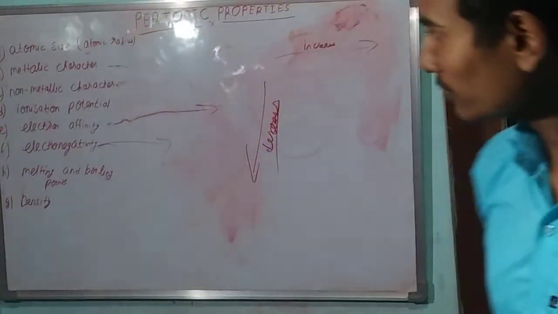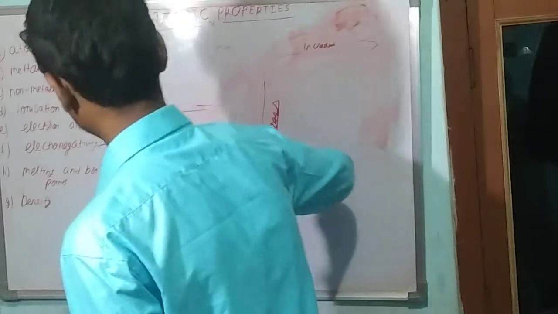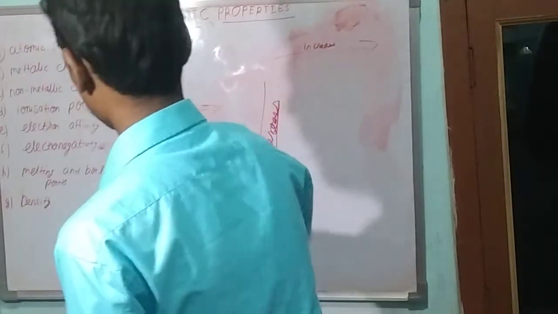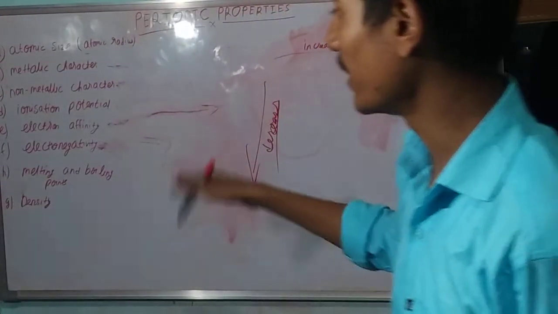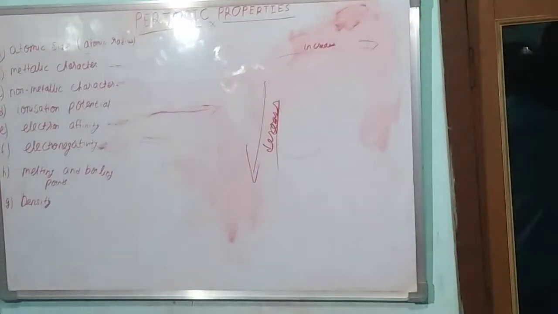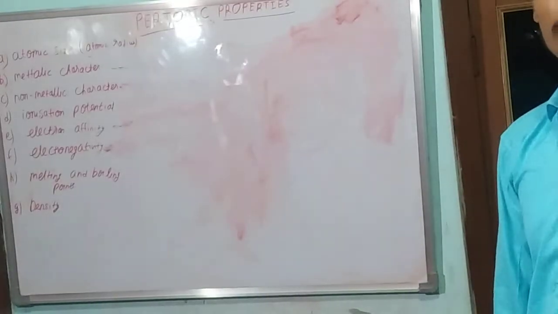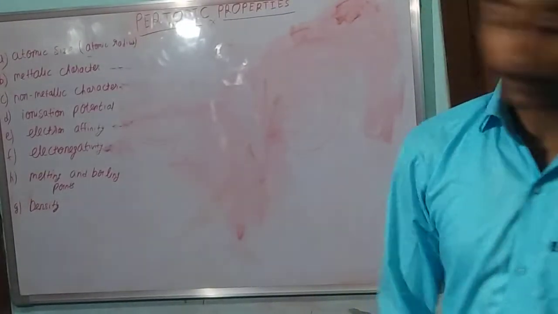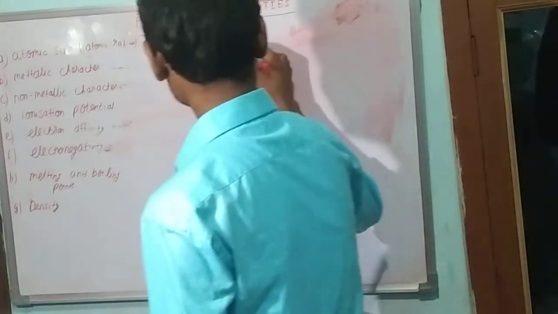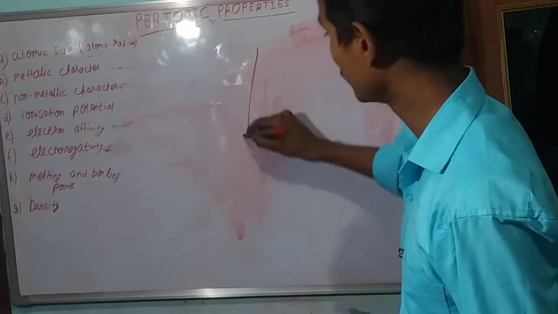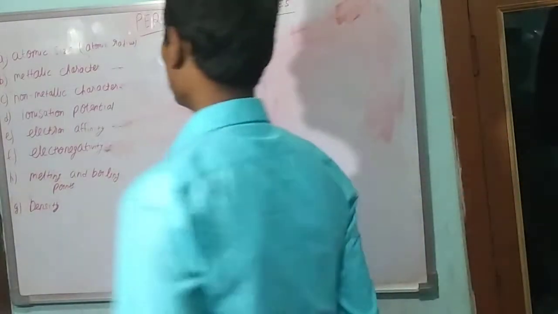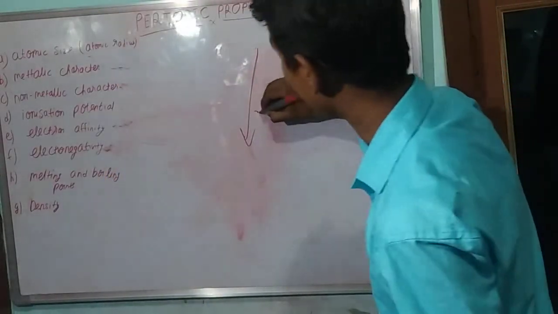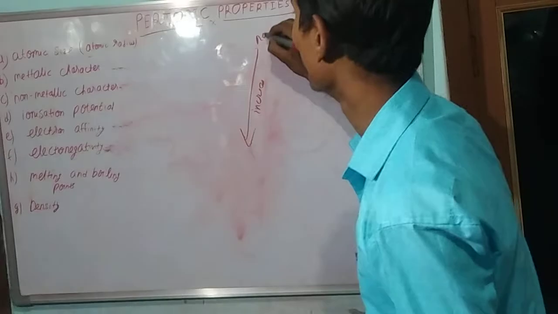Next is melting and boiling point. How does it vary across the period and down the group? Down a group, the melting and boiling point of non-metals increases, and for metals it decreases.